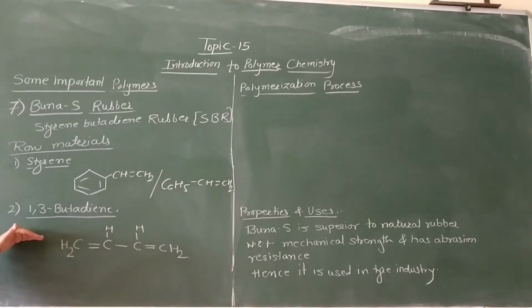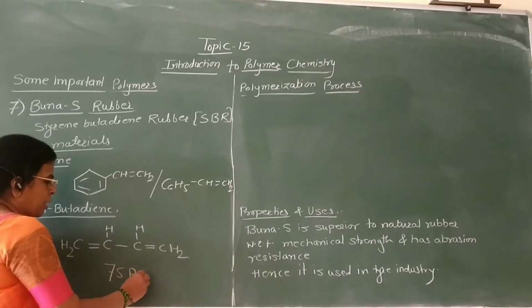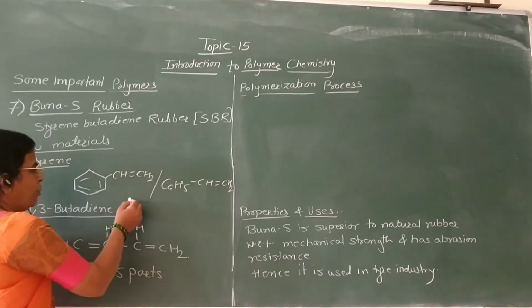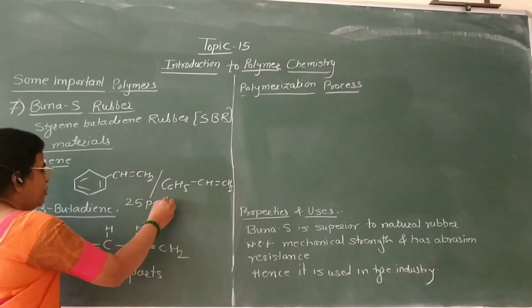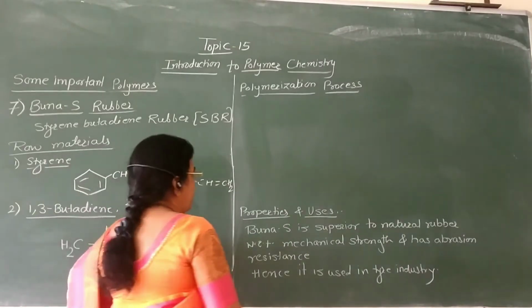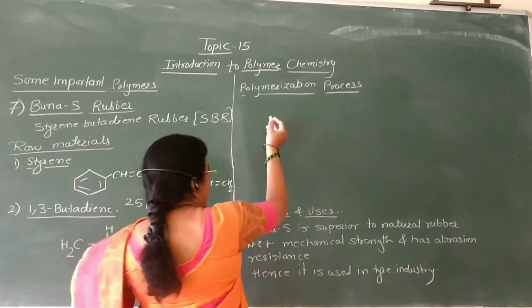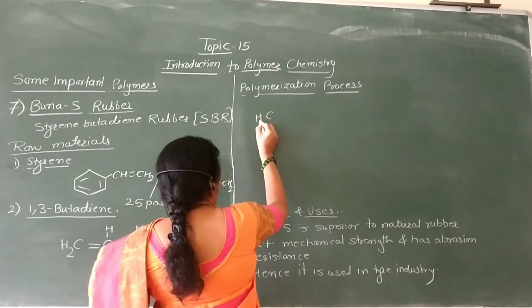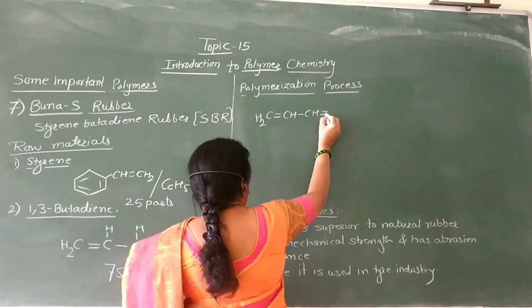Now here, 75% or 75 parts of butadiene undergo polymerization with 25 parts or 25% of styrene to form this rubber. Now how does the polymerization process take place? Look here, CH2=CH, CH=CH2.